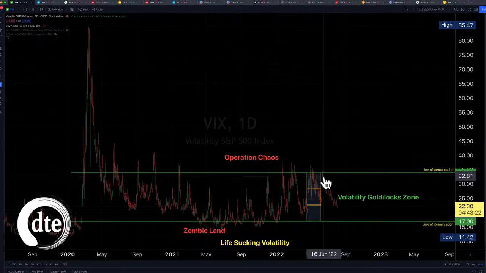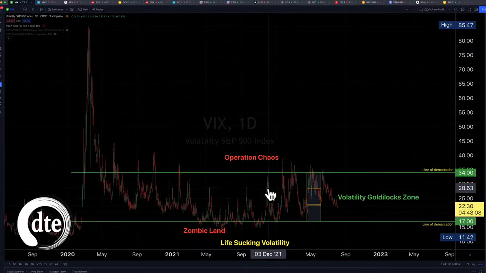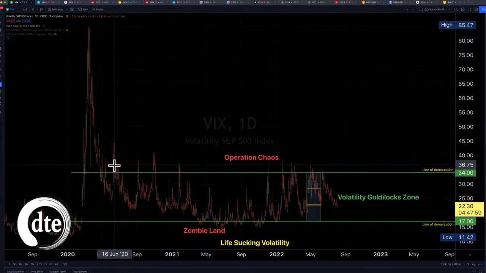If you look at this move down, you'll see that there aren't too many other moves like this after elevated volatility that have this kind of grinding down nature. It didn't happen here, it didn't happen here, it didn't happen here. Kind of happened way back here. More like that.